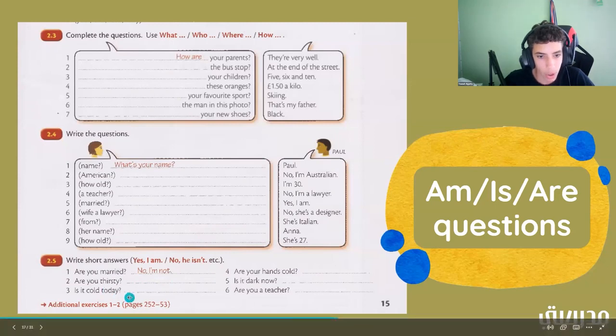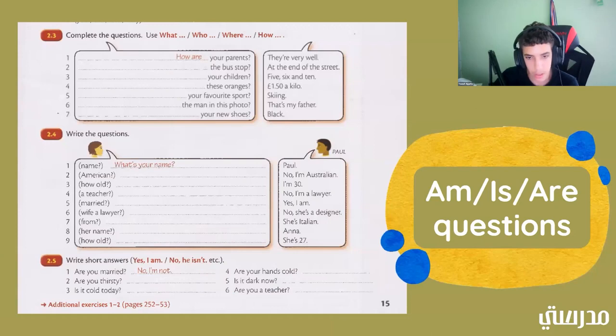All right. Is it cold today? No, it isn't. All right, good. Are your hands cold? Yes, it is. All right. No, it's not. All right. No, they aren't cold. No, it isn't. All right. Is it dark now?